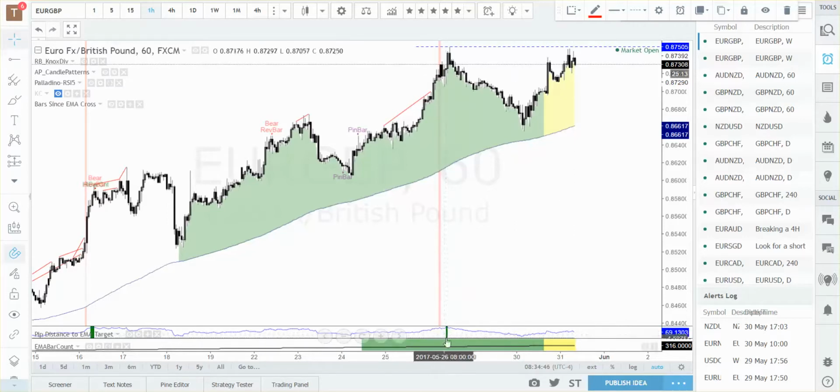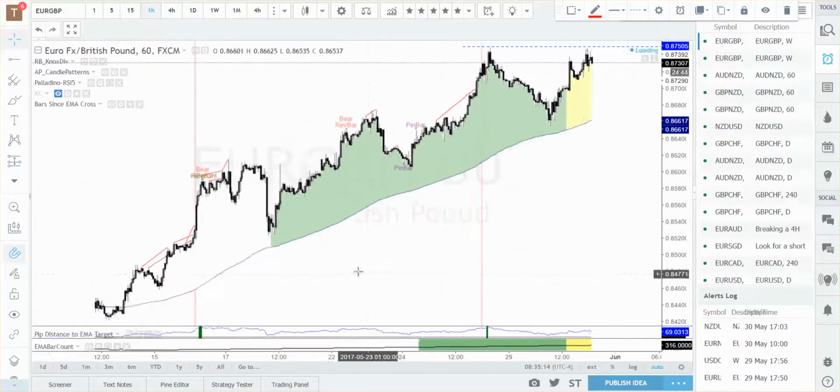Every time we have a green indication here, that means that we are at least 2 standard deviations above the normal, expected vertical pip distance, okay? So I am looking to see if we do break that level, we may get an indication of extension not just in terms of bars, but also in terms of vertical pips.